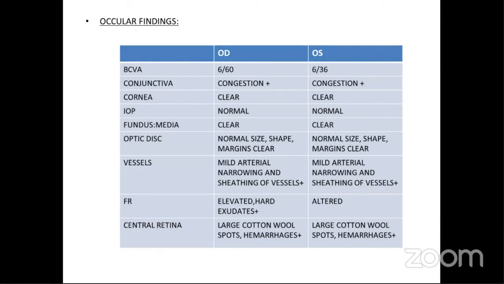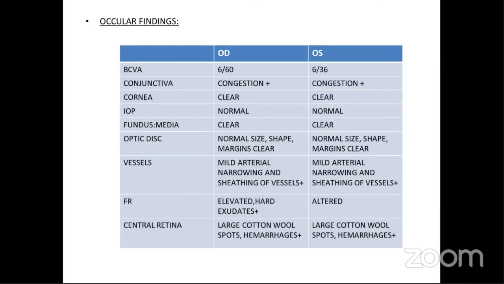In left eye, best corrected visual acuity is 6/36, conjunctival congestion is present, cornea clear, IOP normal. Right eye fundus: media clear, optic disc normal in size, shape, margins clear, vessels show mild arterial narrowing and sheathing, FR is elevated, hard exudates are present. In central retina, large cotton wool spots and hemorrhages are seen.